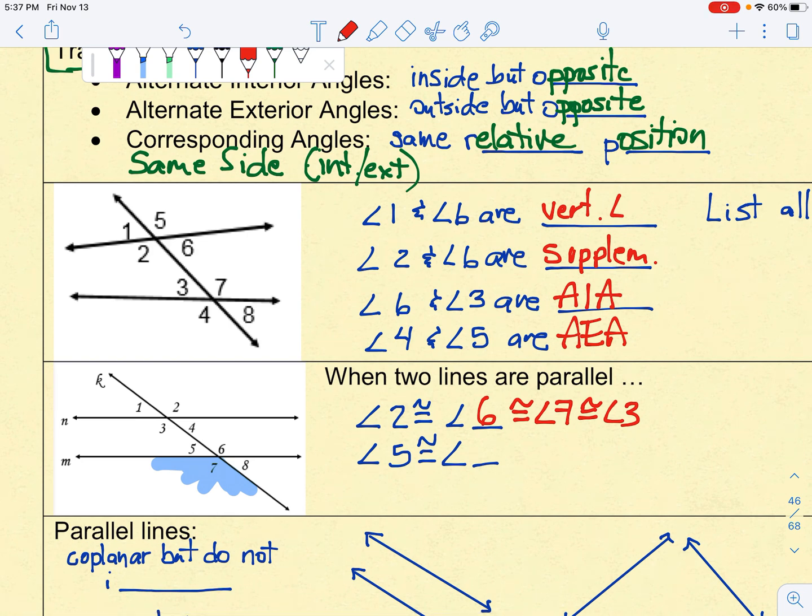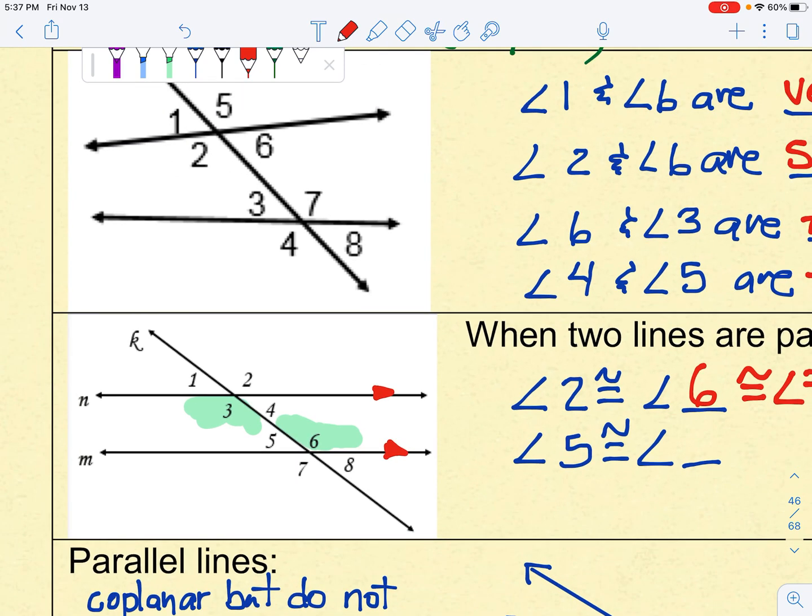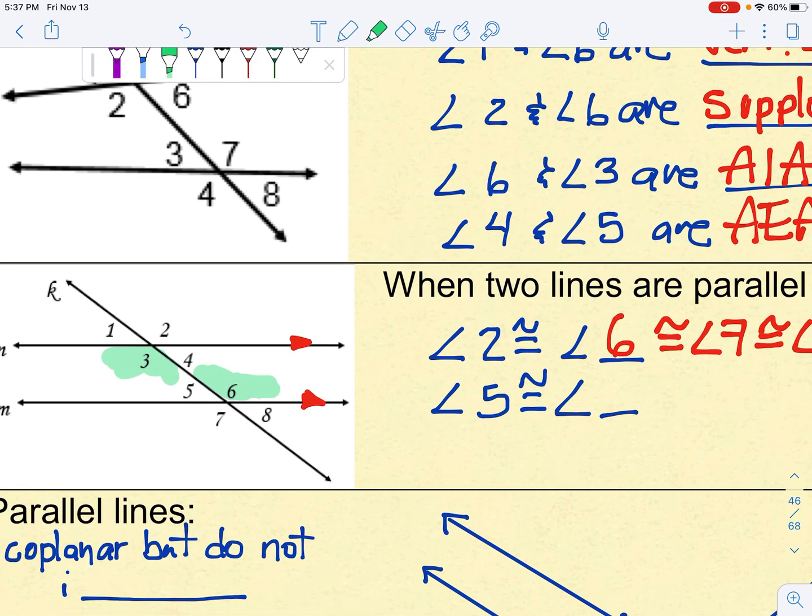All right? Notice then you can talk about the alternate exterior angles being congruent, right? Or you could say, for example, angle 3 and angle 6, alternate interior angles being congruent. When the lines are parallel. If the lines aren't parallel, then we don't know that those angles are congruent. So angle 5, we can see, has to be congruent to angle 4.